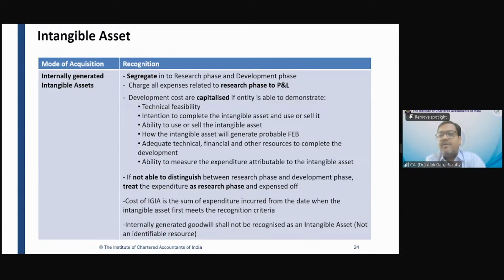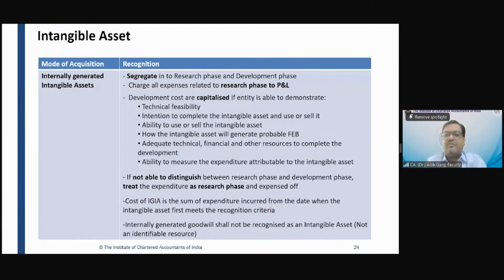But how will we know about the development phase? From an accounting perspective, research phase spend has to be recognized in the statement of profit and loss as an expense. The development phase amount is required to be capitalized as an intangible asset under development. Is that clear?